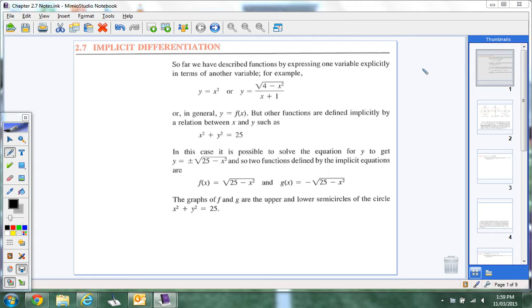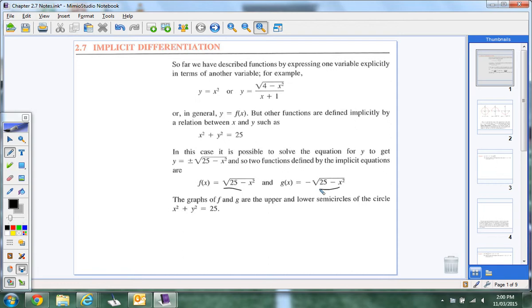It's no big deal. But when we get functions that have x's and y's together, instead of solving for y and getting two functions for this example, we're going to learn today how you can take the derivative of something with two variables. That's called implicit differentiation. We're going to be able to take the derivative without having to solve for y. Just so you guys know, this is the equation of a circle.